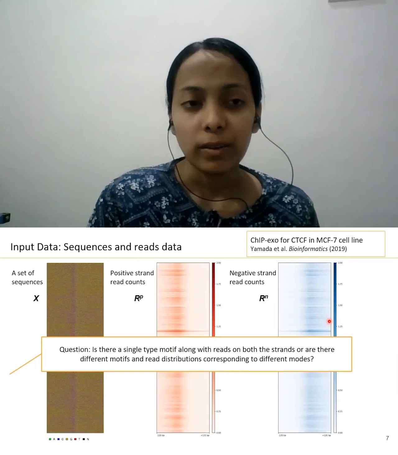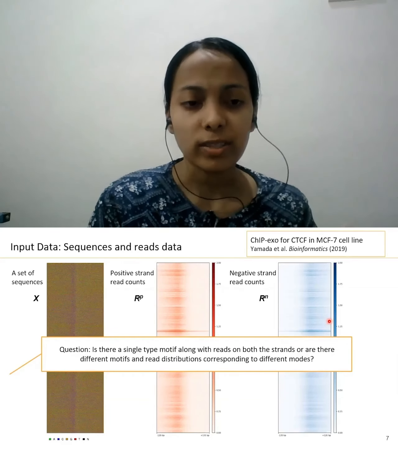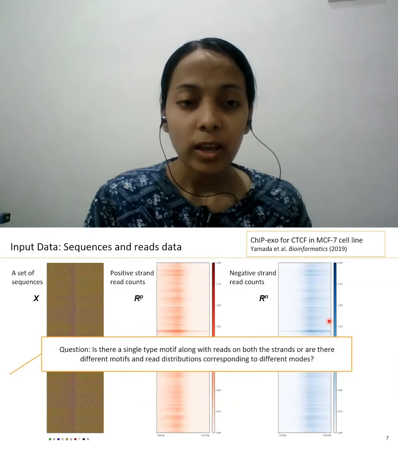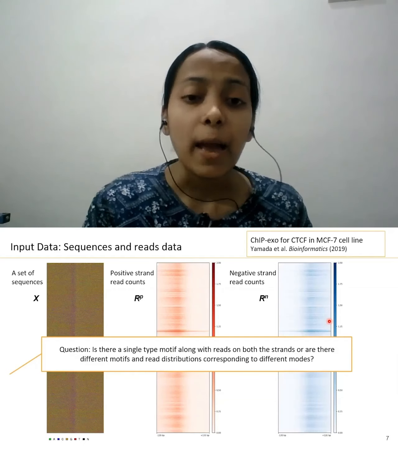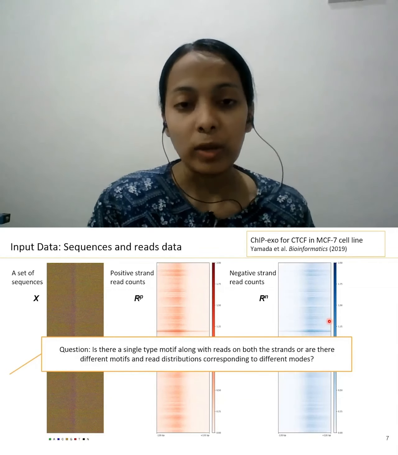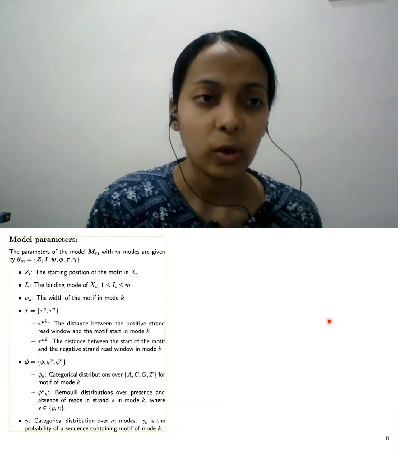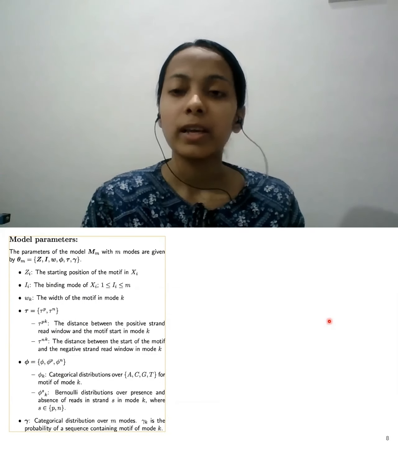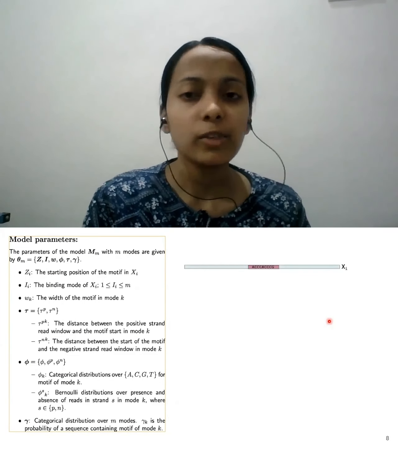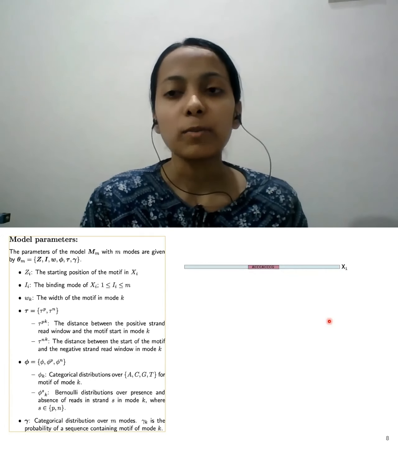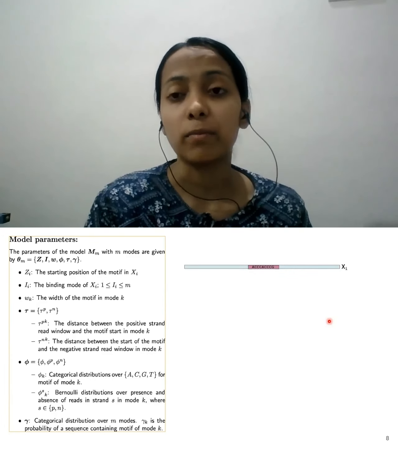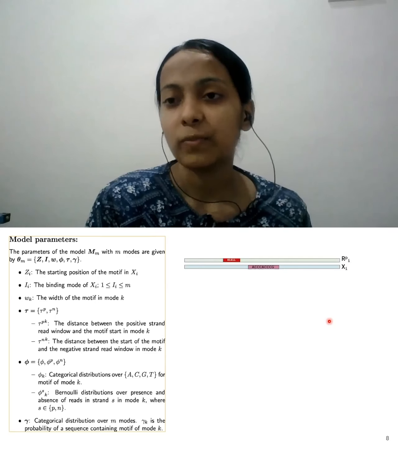Now we should note here that the motifs may not always occur just at the center where we see the signal. So let us suppose that there are M modes in this dataset. We will build a model capital M with the parameters theta M. Consider the DNA sequence Xi, it will have the motif somewhere. Corresponding to Xi, we have the positive strand read counts, RPi.